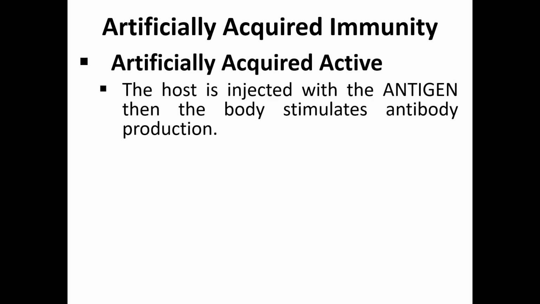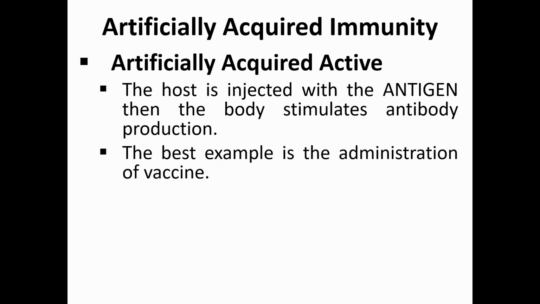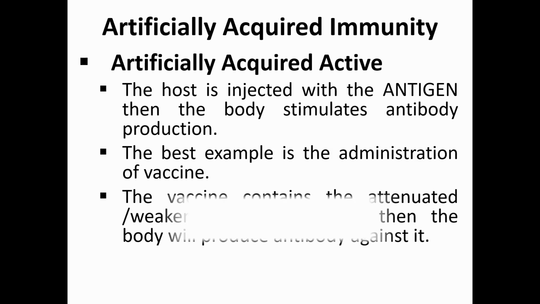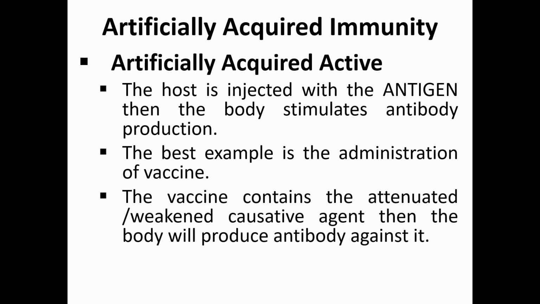For your artificially acquired immunity, this is when we administer our vaccines. So artificially acquired active is when the host is injected with the antigen, then the body is stimulated to produce antibodies. The best example is the administration of a vaccine. The vaccine contains the attenuated or weakened causative agent, meaning it does not produce a very strong immune response.